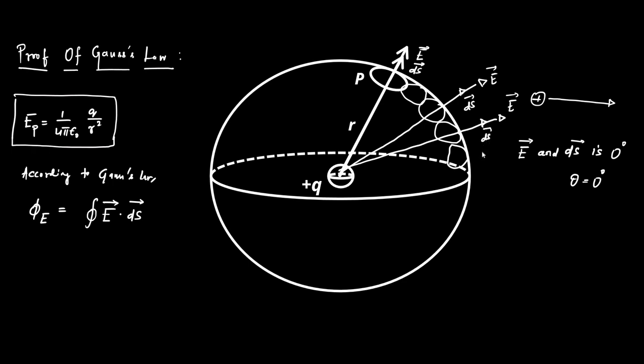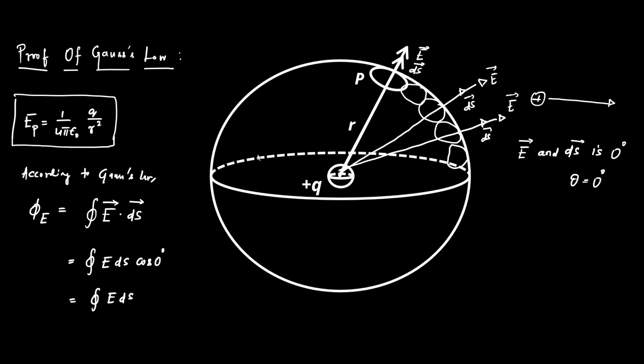Here also theta will be 0 degree. For as many small areas as we take, the angle between E vector and ds vector will always be 0. So that will be equal to E ds cos 0 degree, the dot product of E vector and ds vector, which will be equal to closed surface integral E ds.